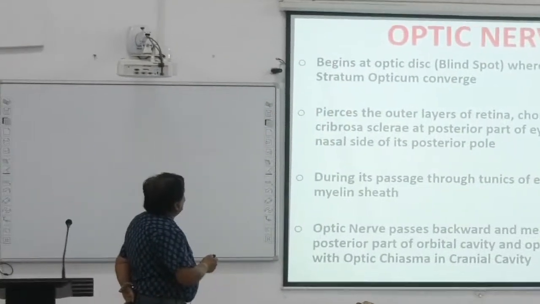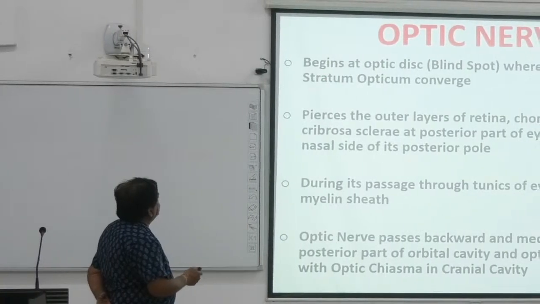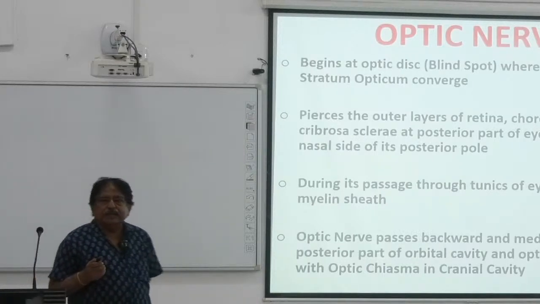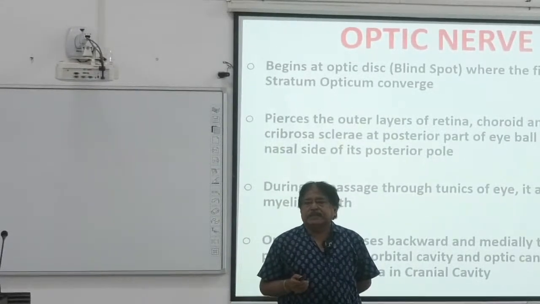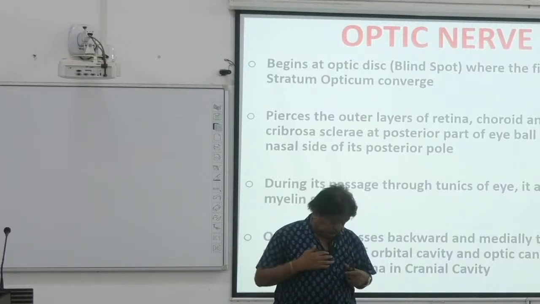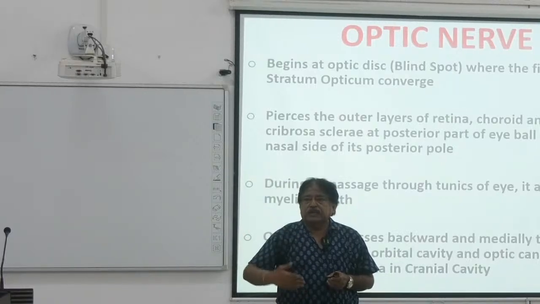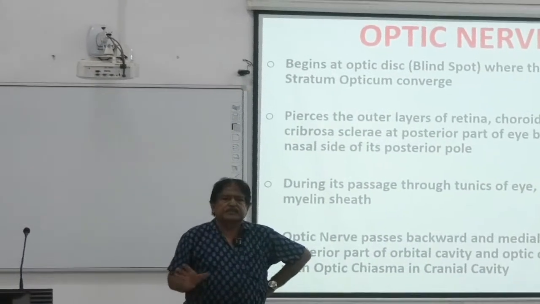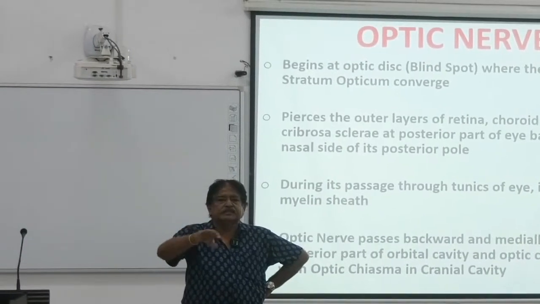Now, the optic nerve begins at the optic disc, the blind spot where the fibers of the stratum opticum converge. Just for your interest, I would say you download Gray's Anatomy and see a section of the eyeball, a histological section, the optic pathway picture and its total relation in the brain.